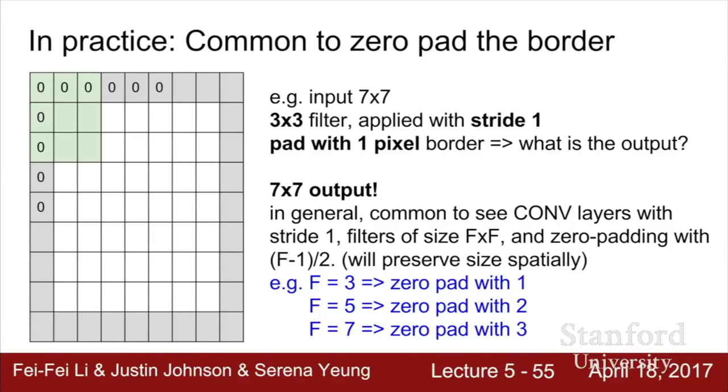These are pretty common filter sizes. For 3 by 3, you will want to zero pad with 1 in order to maintain the same spatial size. If you're going to do 5 by 5, you can work out the math, but you want to zero pad by 2, and then for 7, you want to zero pad by 3.